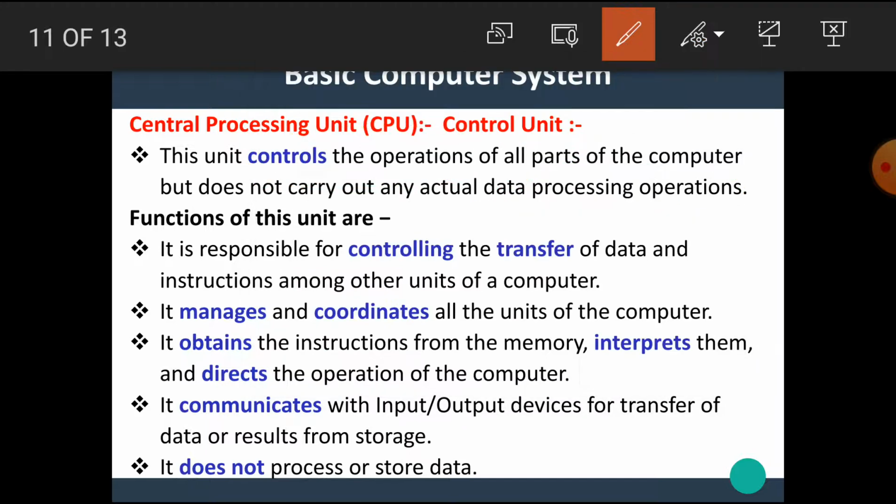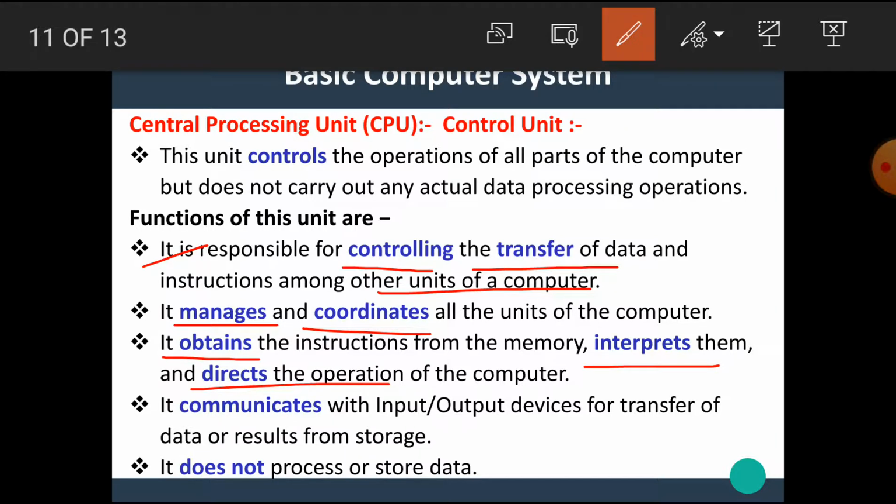Let's see the functions of the control unit. It is responsible for controlling the transfer of data and instructions among other units of the computer. It manages and coordinates all the units of the computer. It obtains the instructions from the memory, interprets them, and directs the operation of the computer.